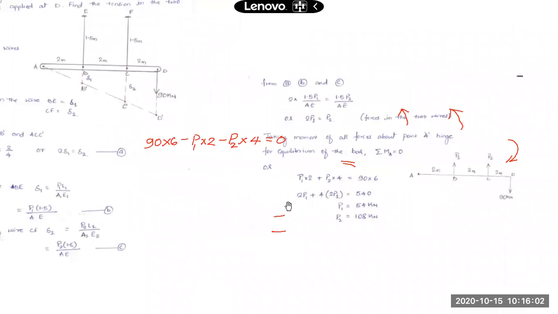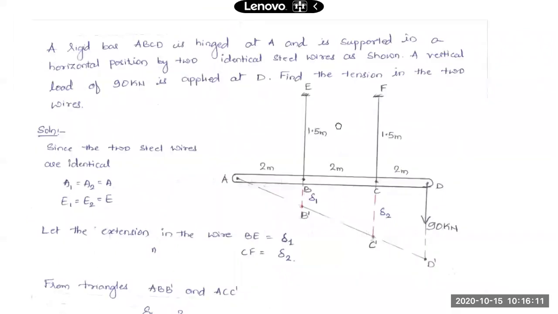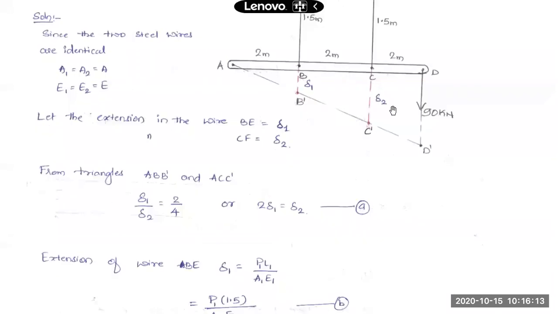This is our rotated shape of this steel rod. From this I'll be able to get the relation between delta 1 and delta 2 by considering the two similar triangles ABB dash and ACC dash.